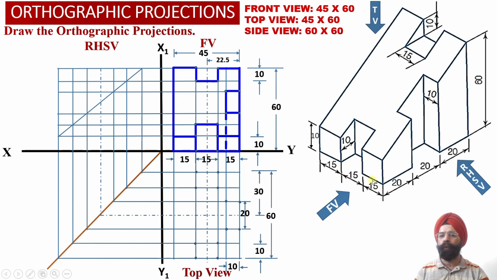Whereas this complete surface is inclined with respect to the vertical plane, so this complete portion is represented as apparent shape projection projected onto the vertical plane into the front view projections.